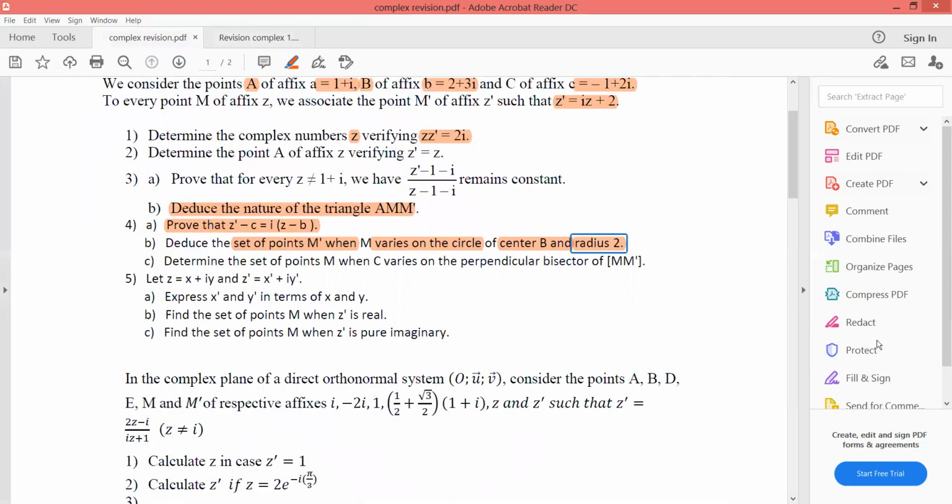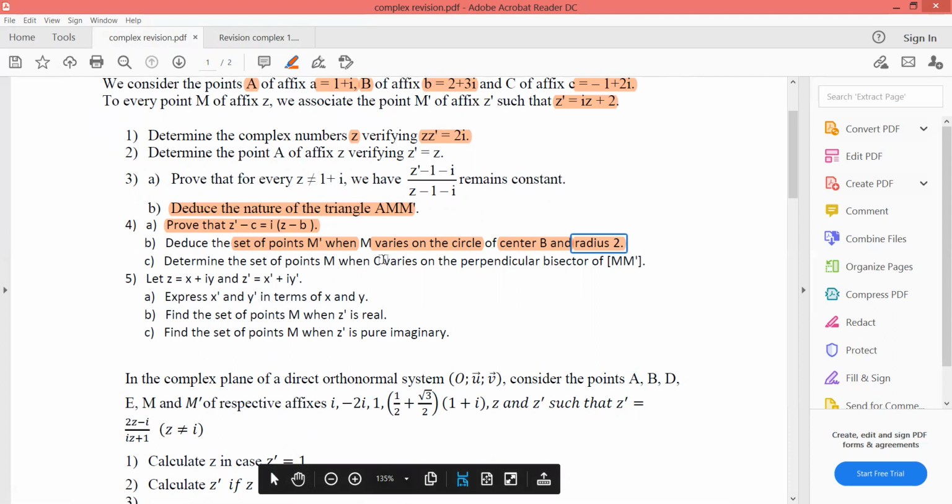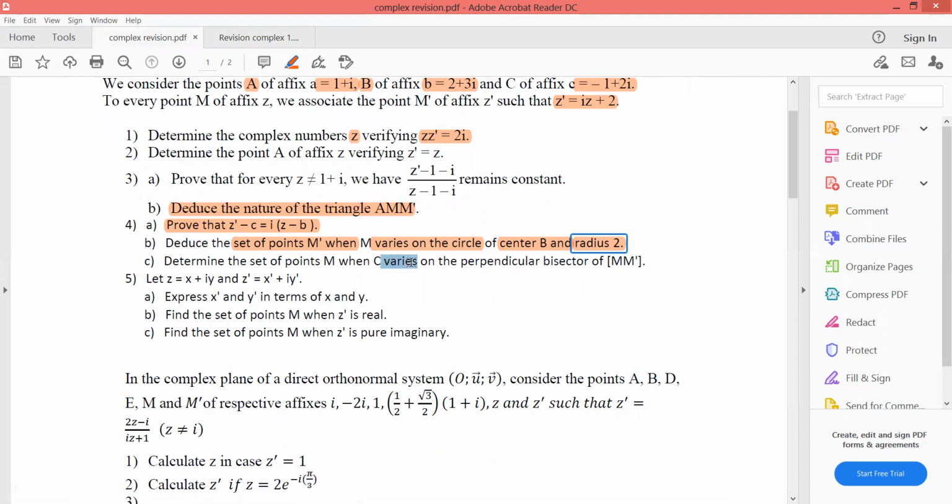Determine the set of points M when C varies on the perpendicular bisector of MM prime. What does it mean that C varies on the perpendicular bisector of MM prime? It means CM equals CM prime.